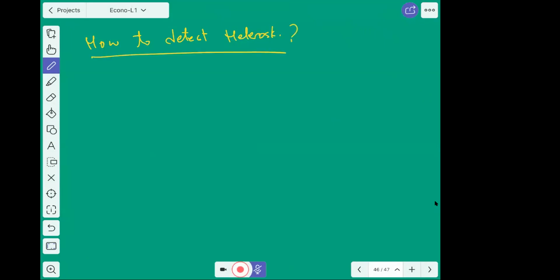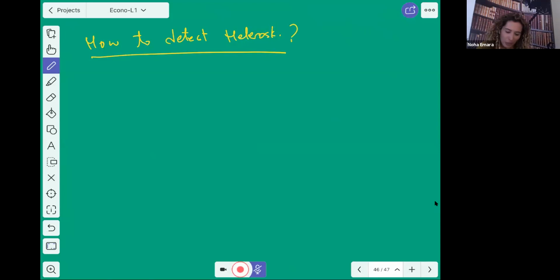Okay, so there are easy things to do, and I already mentioned them. If you don't have any empirical information, like you're doing research that is brand new, and you're using a model that is your contribution to the literature, and you don't know whether it's heteroskedastic or homoskedastic, then you simply graph it.